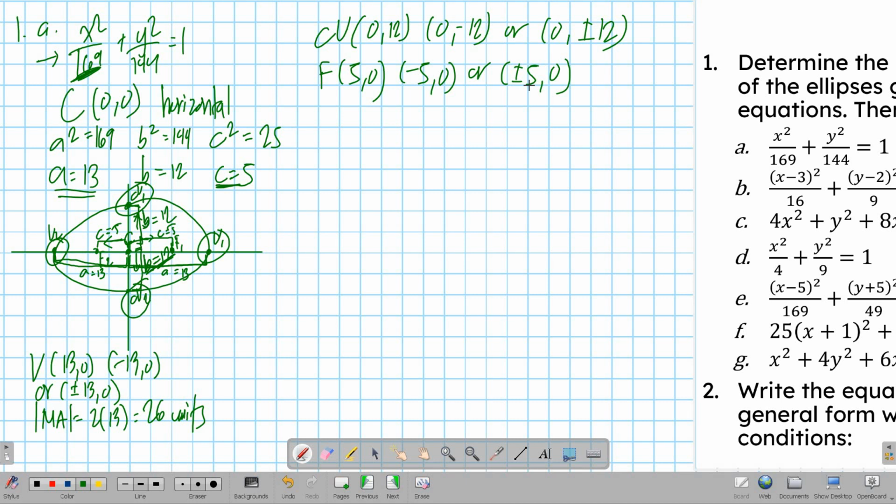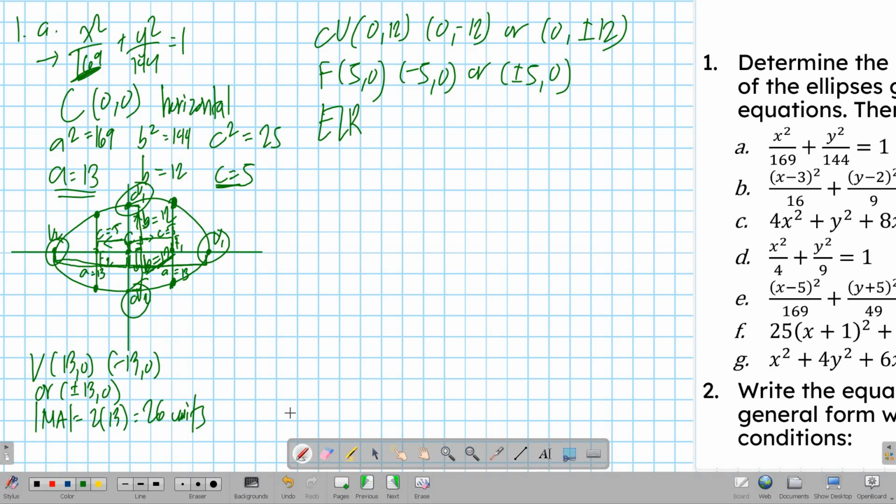So now that we have our foci, we can now get the endpoints of our latera recta. This is one latus rectum here, and this is the other. Here you go. These are our 1, 2, 3, and 4 endpoints of the latera recta.